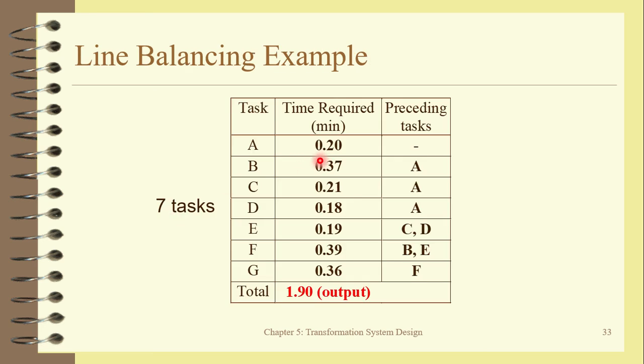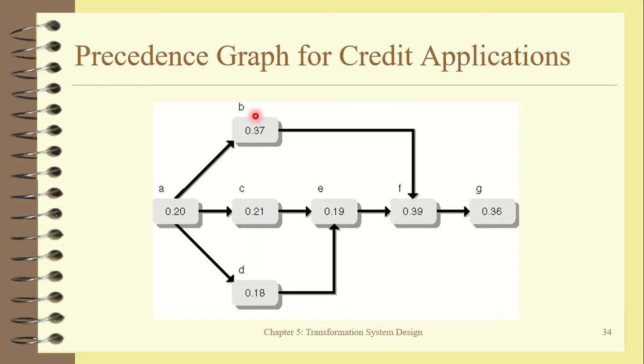Then tasks B, C, and D could start whenever task A finishes. So here, task B, task C, and task D, and this is the operation time for B, C, and D.